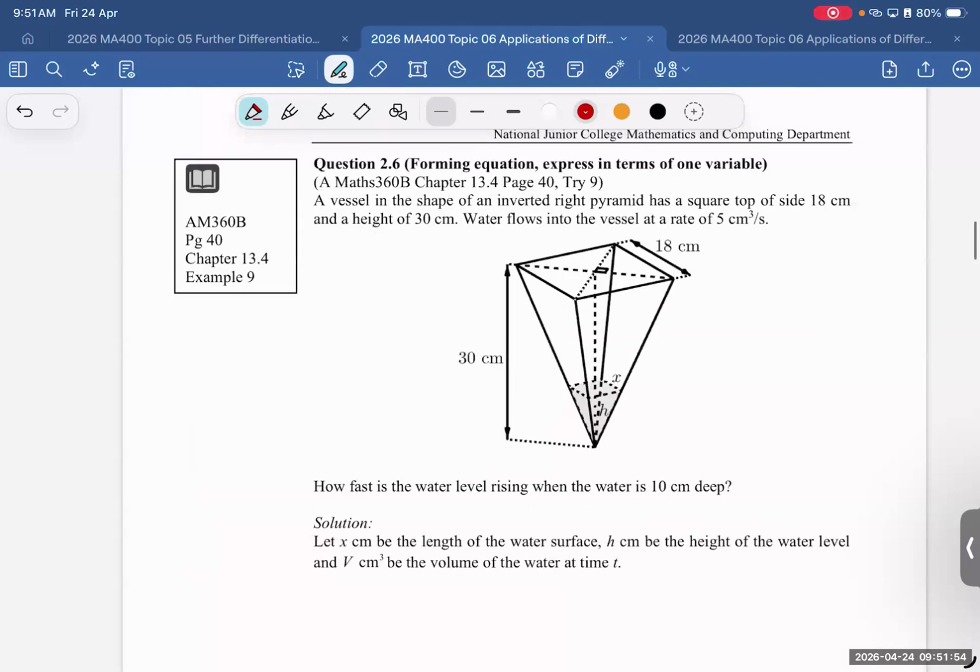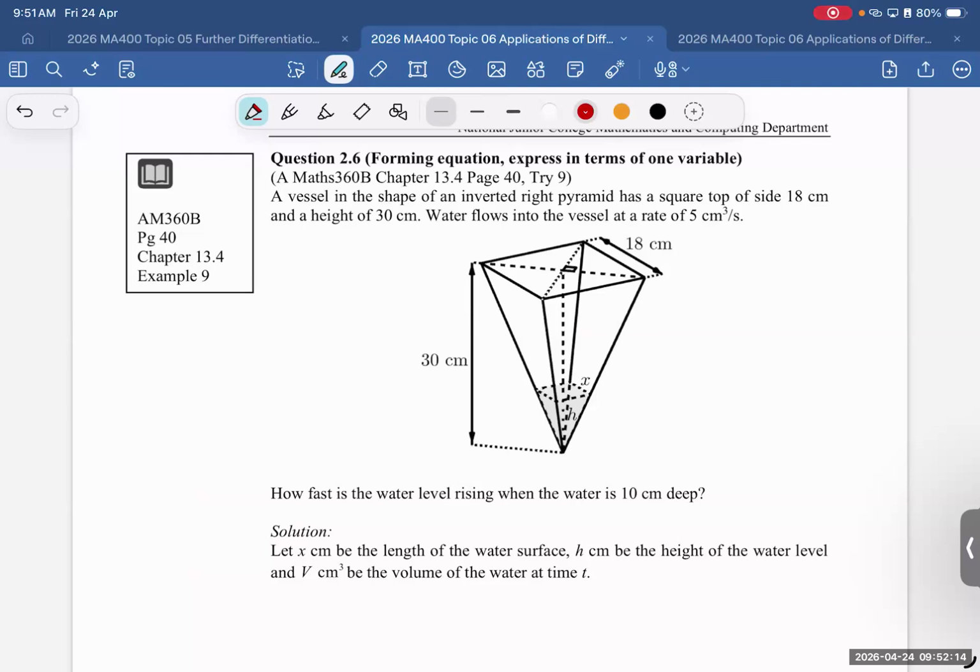First, looking at the diagram, can anyone tell me, would you like to tell me which derivative it represents? Very good. Also, you can see that this is volume.